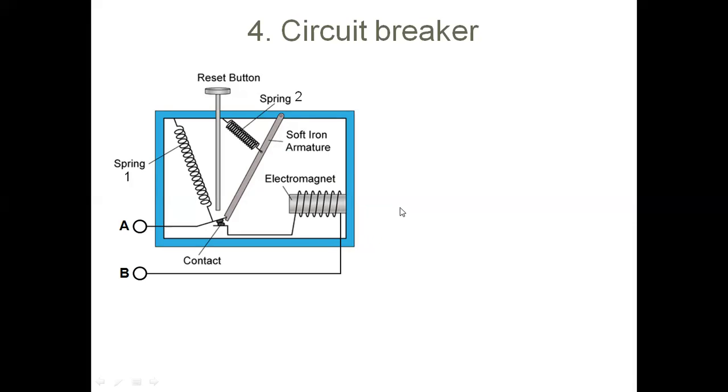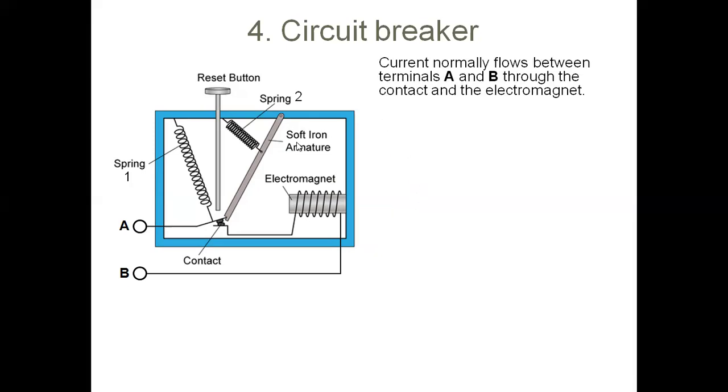So appliances remain safe. Here the current flows between the terminals A and B. What will be the path of the current? From A, towards the electromagnet and towards point B. So when the current is in the limit, the contact here will remain, and the appliances will continue working.